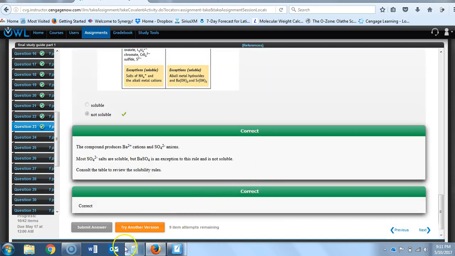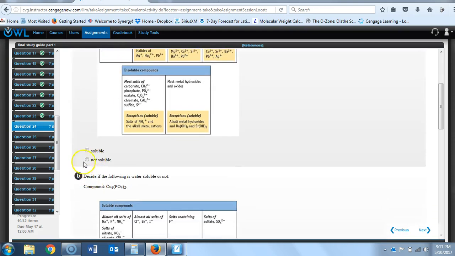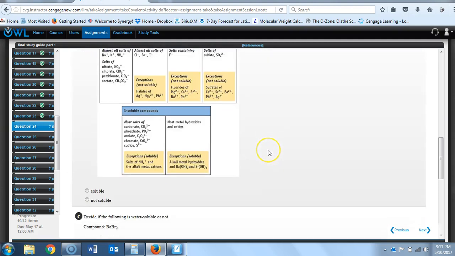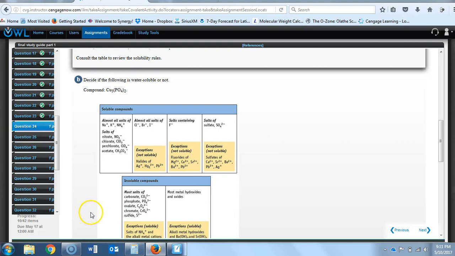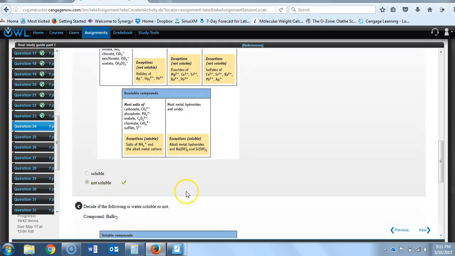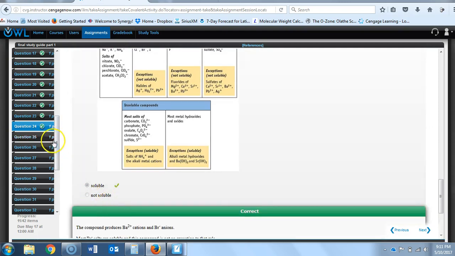So barium sulfate will not be soluble. Barium sulfate, we just said, was not going to be soluble. Copper 2 phosphate. Phosphates are never soluble. Barium bromide. Bromides are usually going to be soluble.